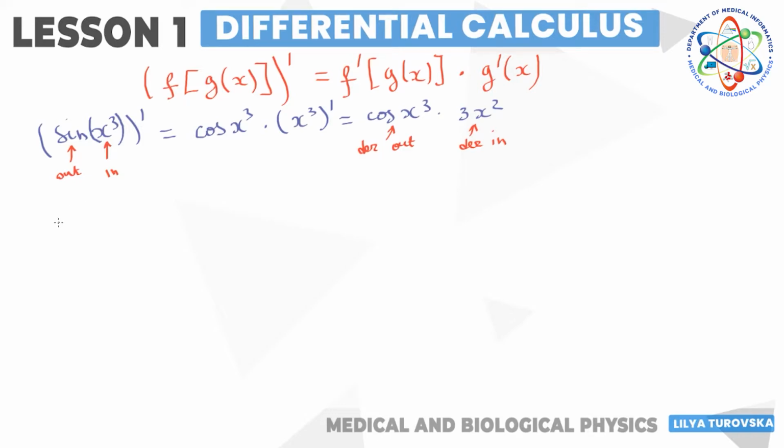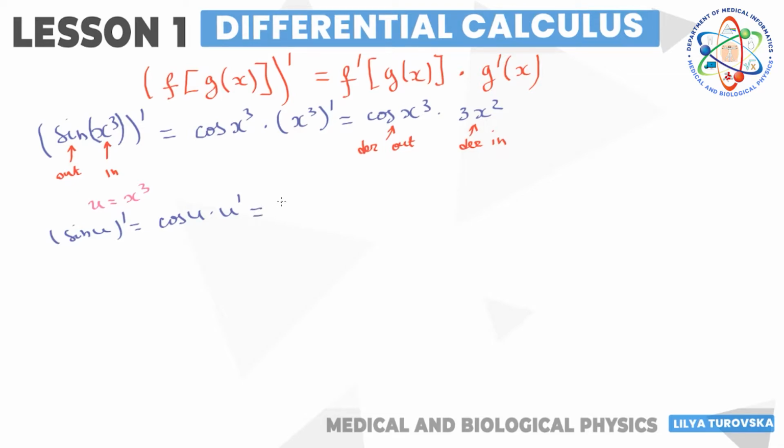Sometimes to solve such examples we can use substitution. For the same function sine x cubed, if we substitute x cubed by u, we can rewrite sine x cubed as sine u. To find the derivative of sine u, the derivative of sine is cosine, and multiply by the derivative of u, because u is not the argument, it is also a function of x.